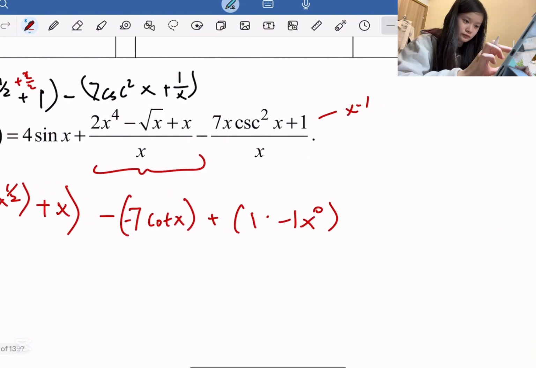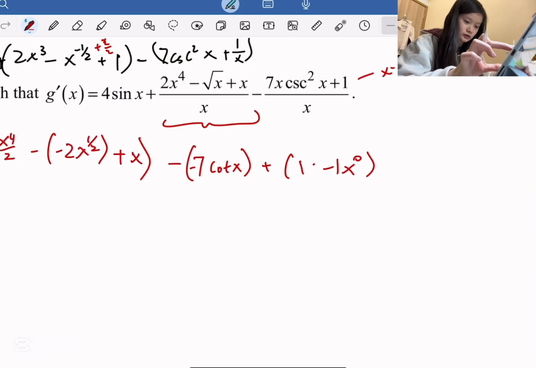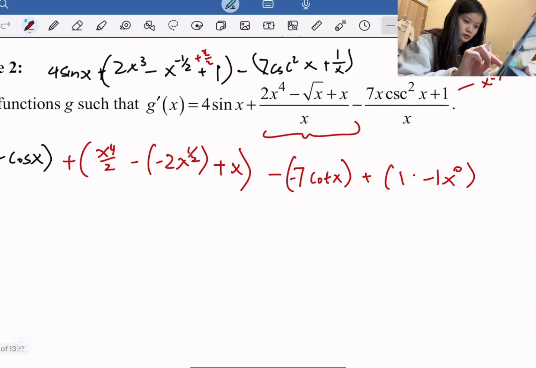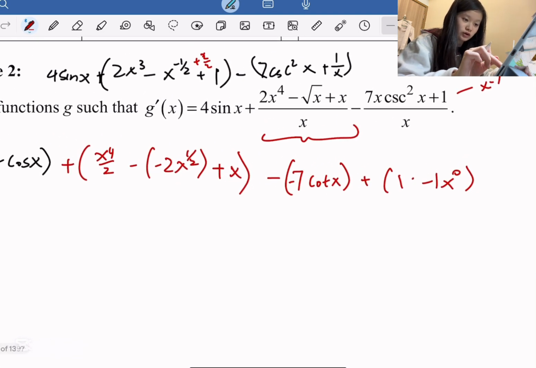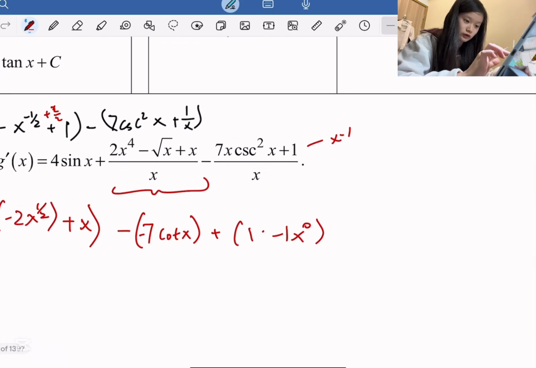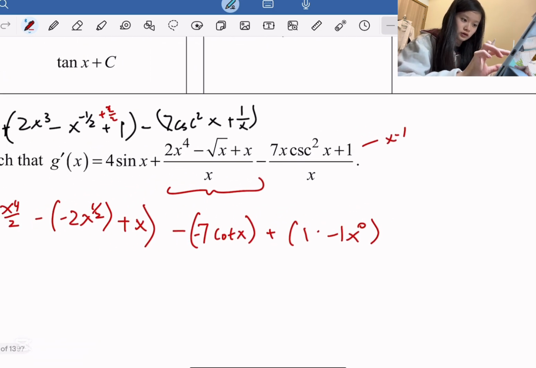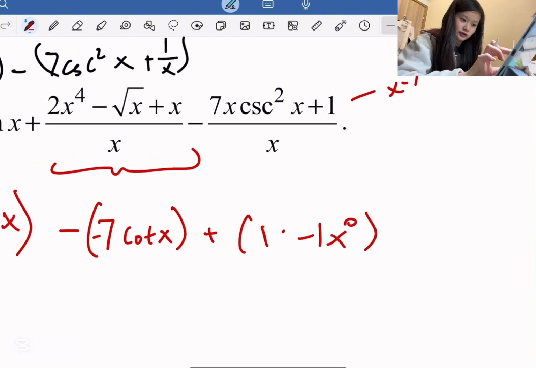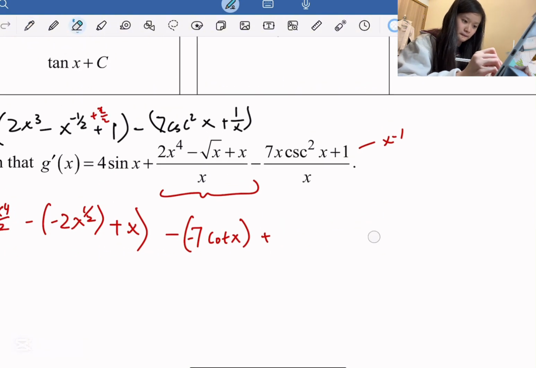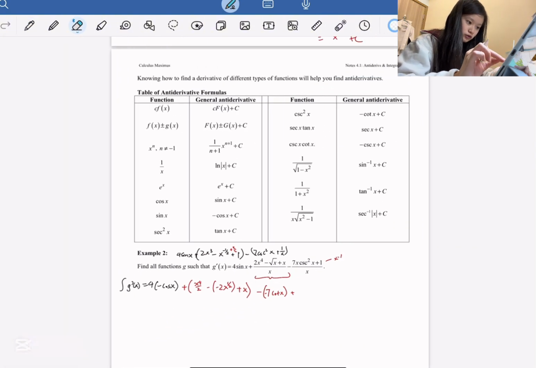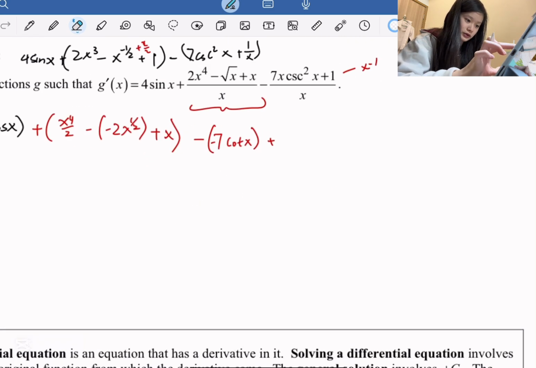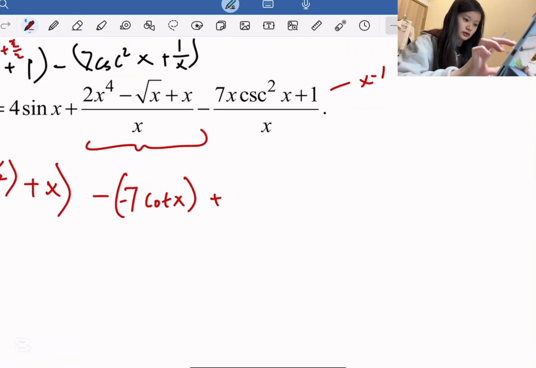Okay, cool. What? So it's just negative 1? No, it's not. What are you talking about? 1 over x. Yeah, it's ln. It's ln. What am I doing? Knew that looked weird.